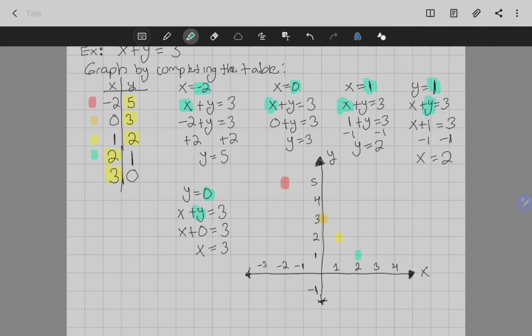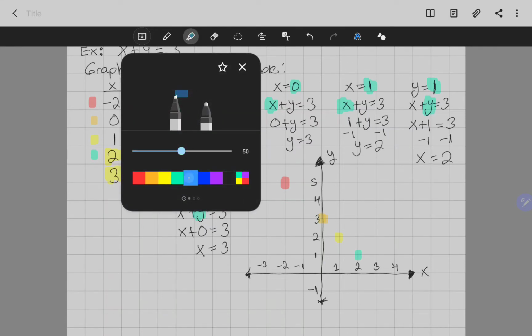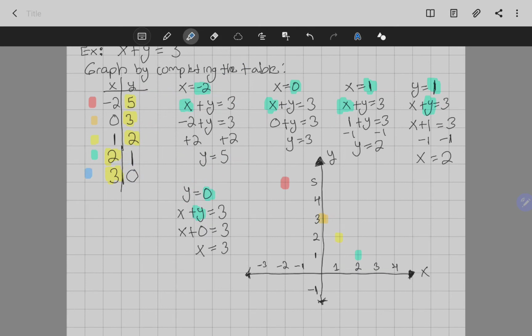So there it is. Now I'm going to do the last one, which is 3, 0. So that means I go 3 on the x, but because it's 0, it stays right there. And there is my graph. So now I'm going to connect the dots. And there is my solution. That's my graph.